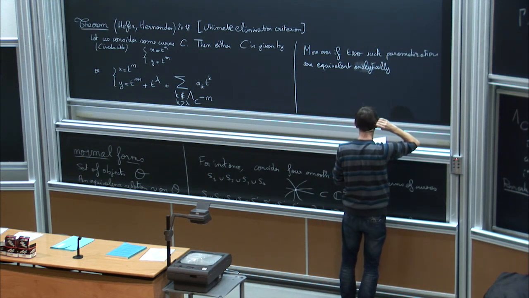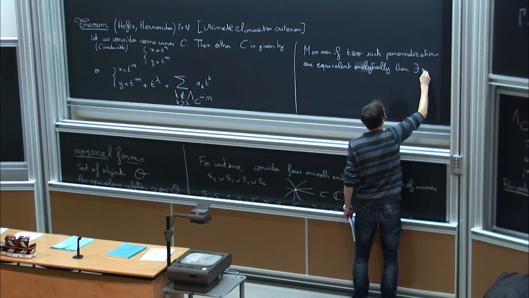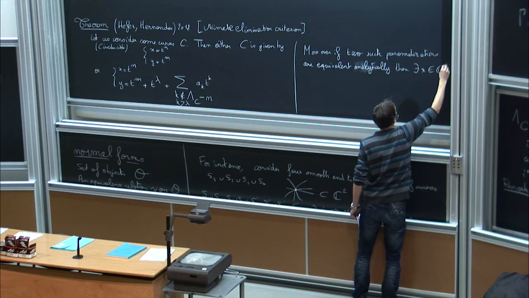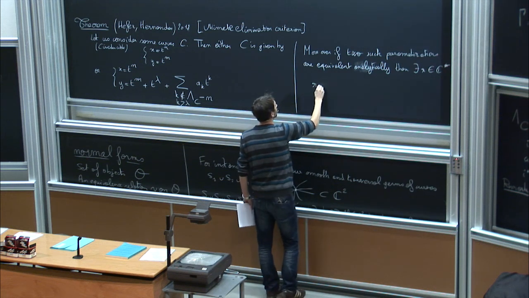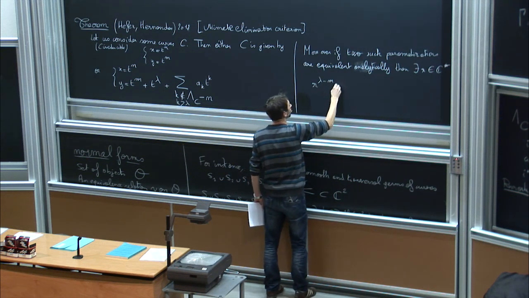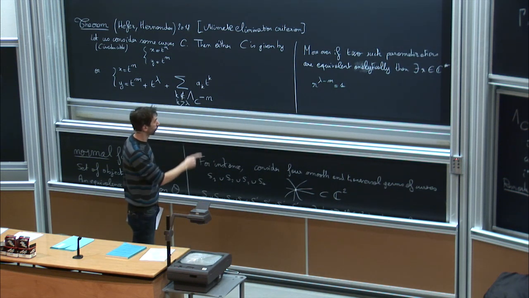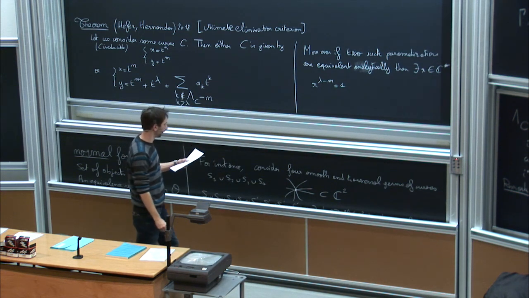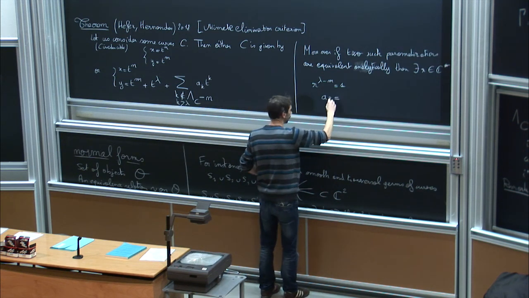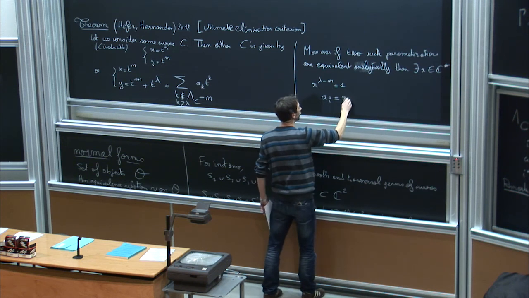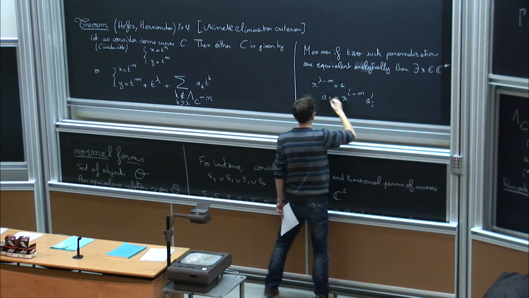Then there exists a non-vanishing complex number r, which is some root of unity, such that r to the power lambda minus m is equal to 1, and a_i is equal to r to the power i minus 1 times a_i prime.